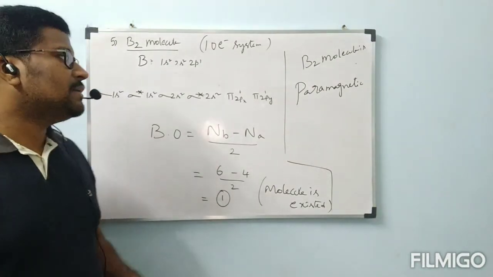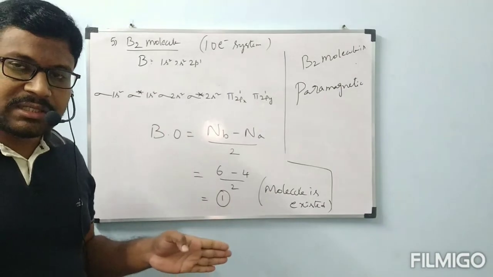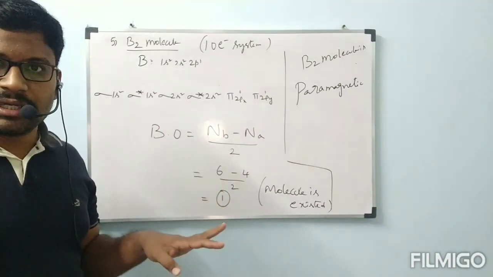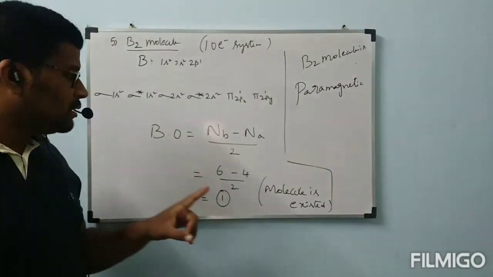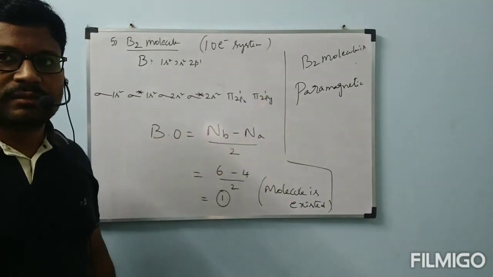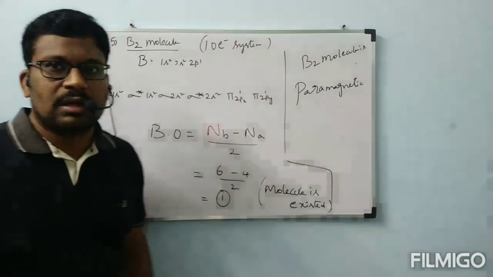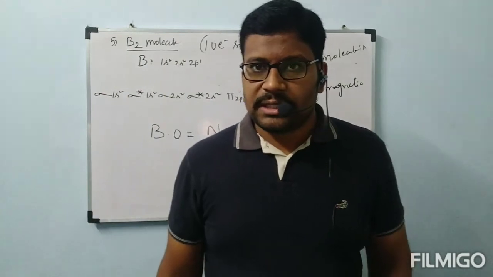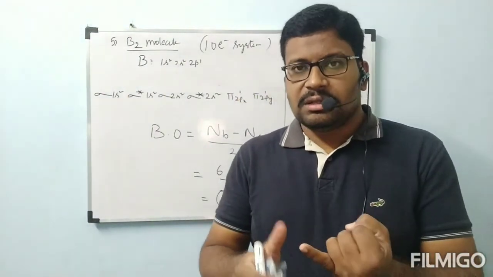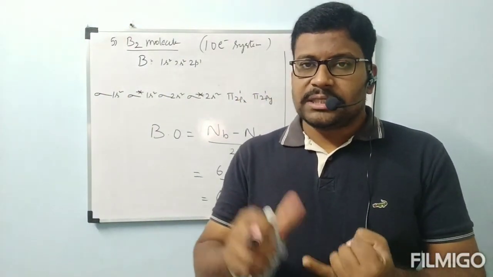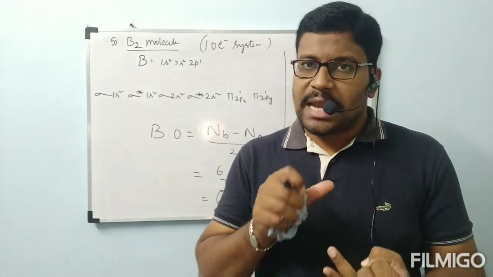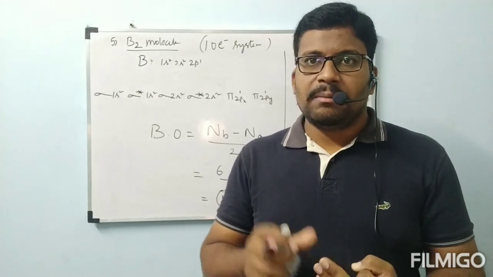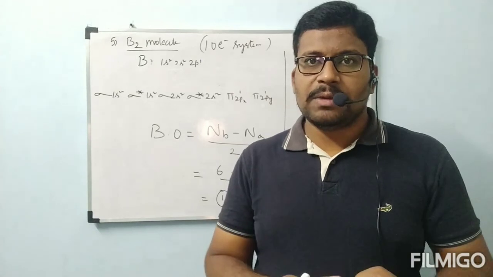Okay. This is about the diagrammatic representation, electronic configuration, bond order and magnetic nature of the B2 molecule. In today's class, we have seen, starting with the He2 molecule, next after He, the lithium Li2 molecule, next the Be2 molecule and the B2 molecule.